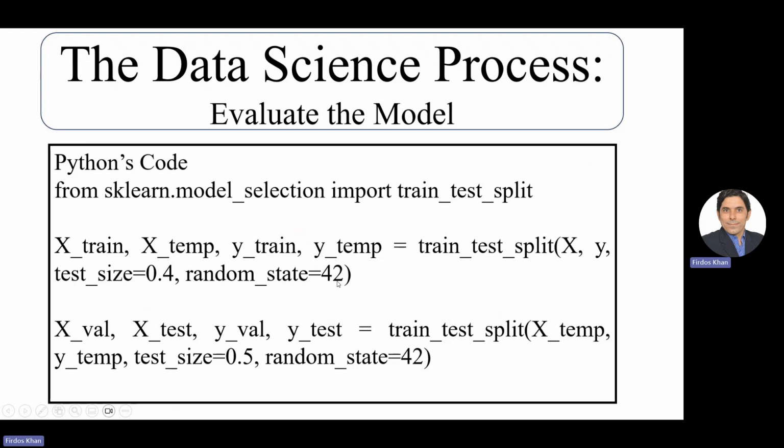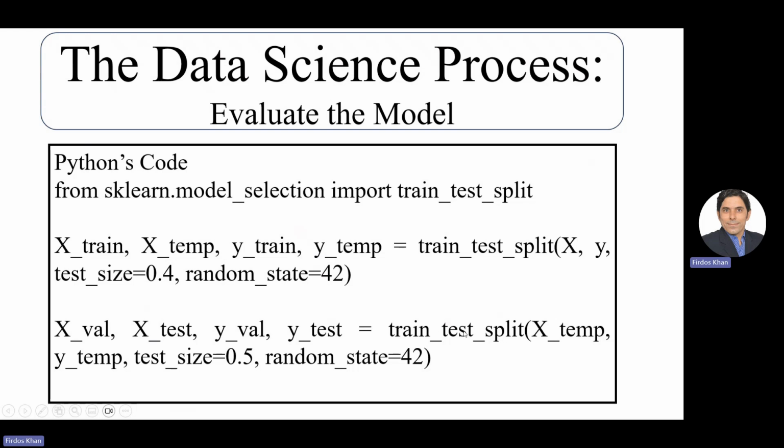We have talked about this earlier in some videos about Python, in the early videos. But then we need to divide this data, x_temp and y_temp. The training data is fixed now, 60% for training of the model, but this x_temp and y_temp we need to divide into x validation and x test, and y validation and y test.